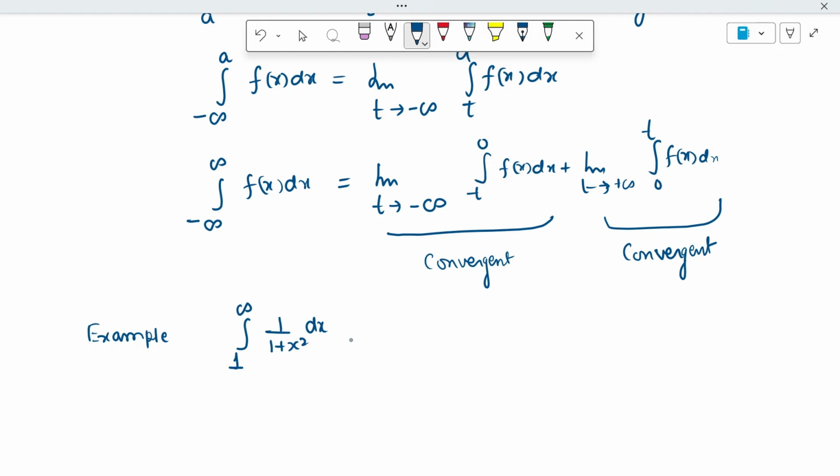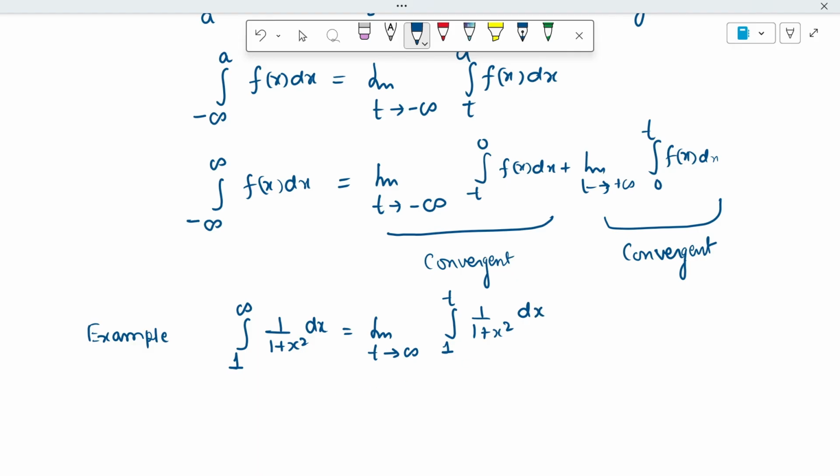We have to find the value of this, so we will find the limit of this actually. We will introduce a variable t, and t tends to infinity, and we will write 1 to t, 1 upon 1 plus x square dx.